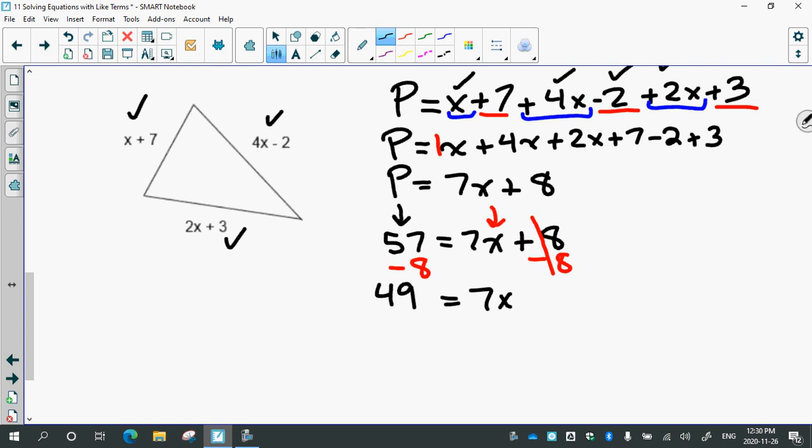And then still, the side of x tells you what to do, so I have to undo multiplying by 7 by dividing by 7. And then 49 divided by 7 is 7. So therefore, x equals 7. Okay? Therefore, x equals 7.